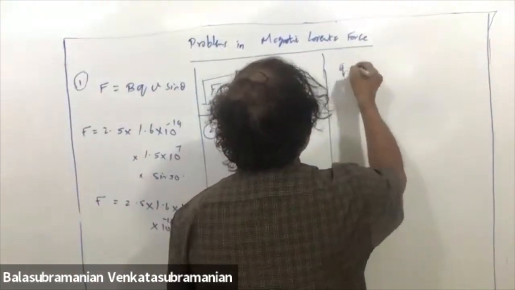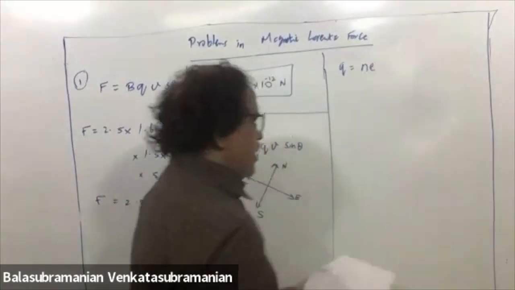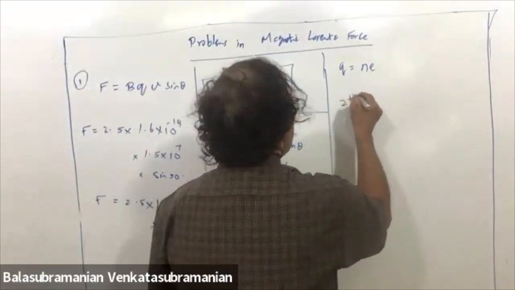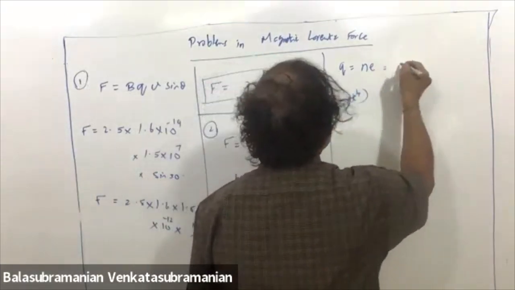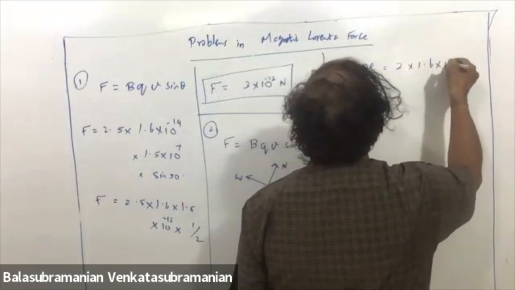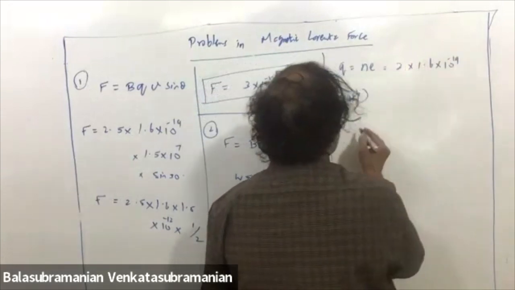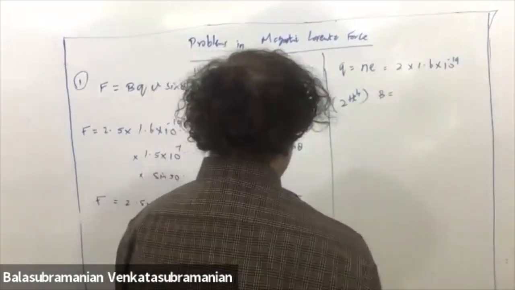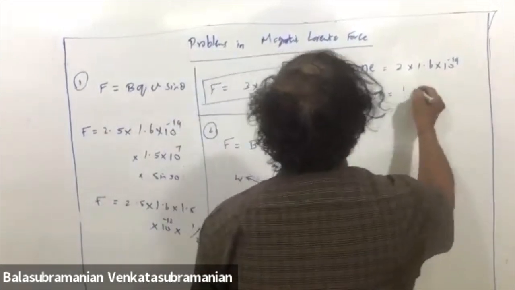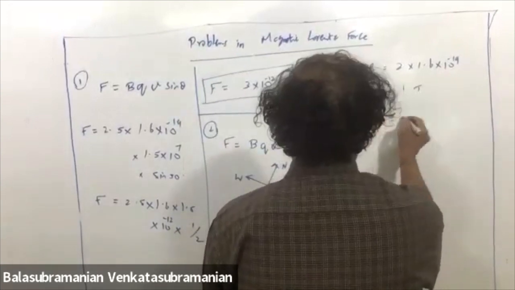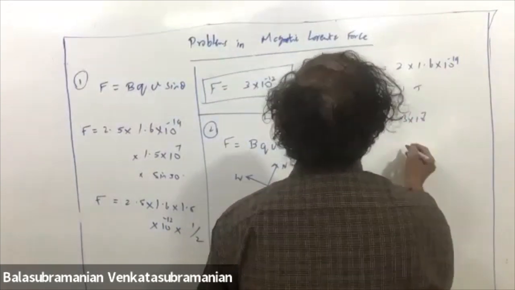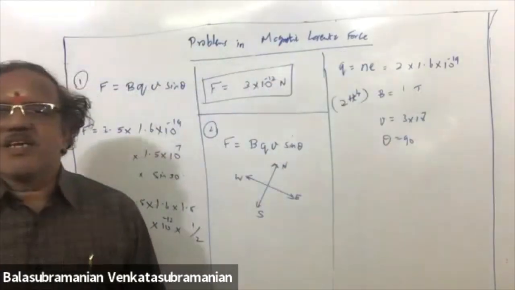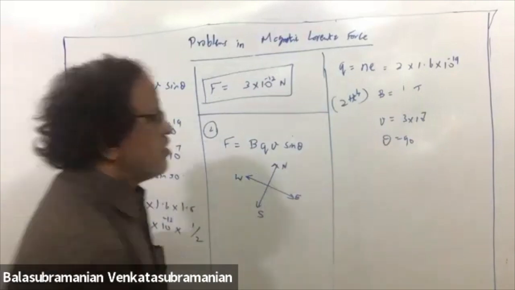Alpha particle, so q is equal to n e. Alpha particle is 2He4, so that is 2 into 1.6 into 10 power minus 19 for q. B will be 1 Tesla. V will be 3 into 10 power 7 and theta is 90. These are the data. Substitute.